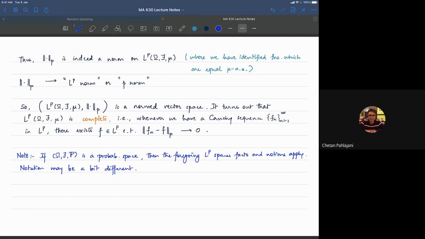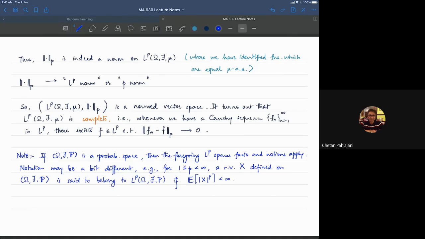And just let's give an example of this. So for example, for 1 less than or equal to p less than infinity, a random variable capital X, which is of course just a measurable function defined on (omega, F, P), is said to belong to L^p of (omega, F, P) if the expectation of the absolute value of X to the p is finite.